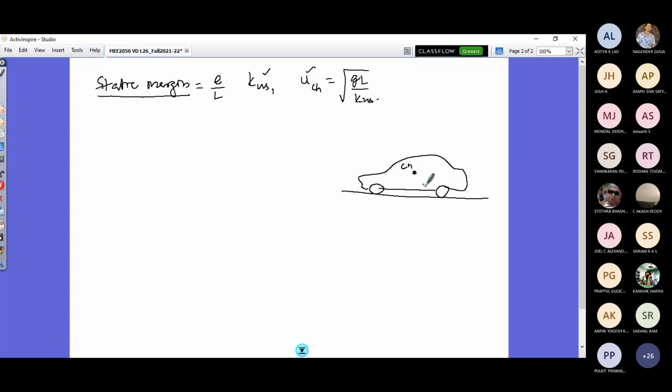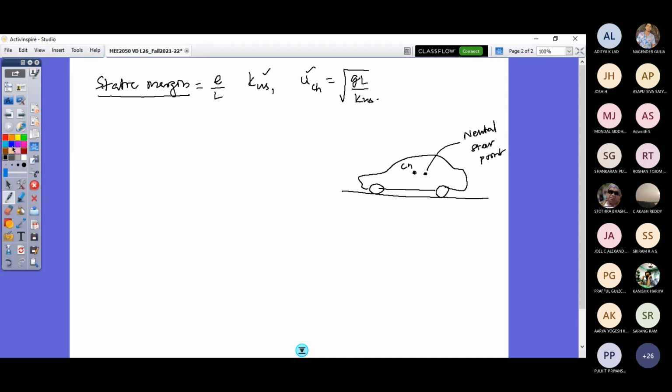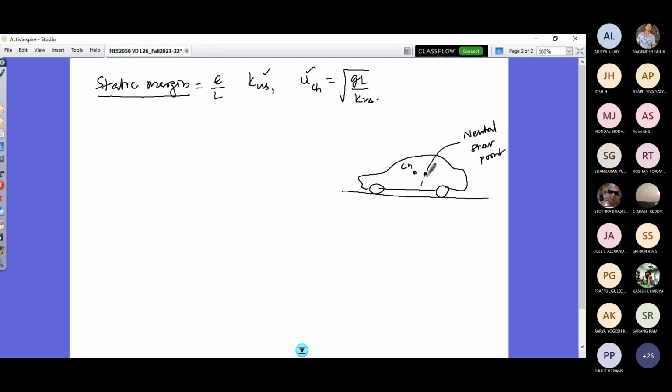And you have a point called the neutral steer point. By the way, this point would move along a path. The locus of this point would vary, and the locus of that point is this one, which is called the neutral steer line.